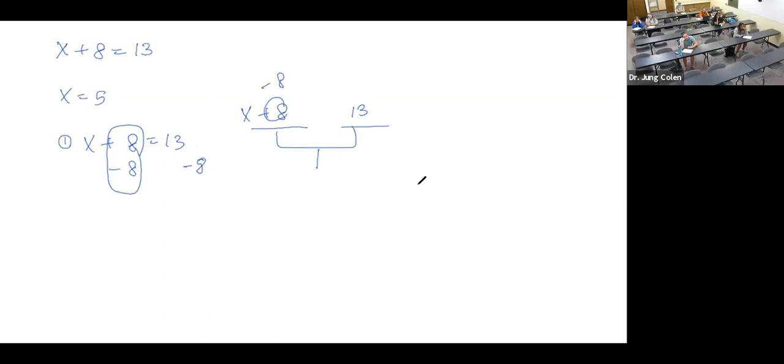It's going to slant. If 13 is heavier, you need to do exactly the same thing on the other side. That's the equal sign, right? So we need to do exactly the same thing. Then what we have left here is x equals what? 5. That's one way.